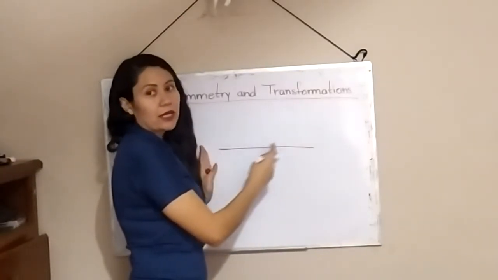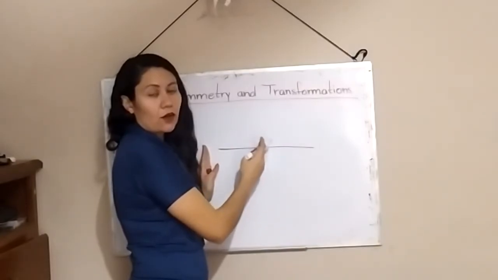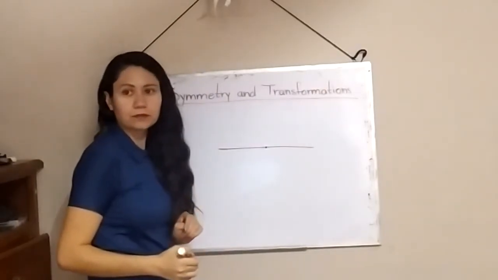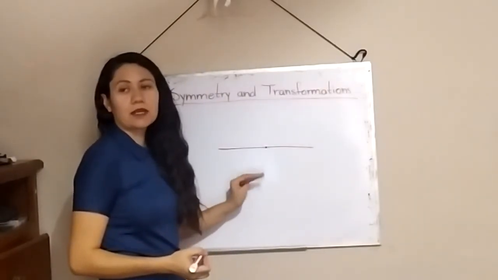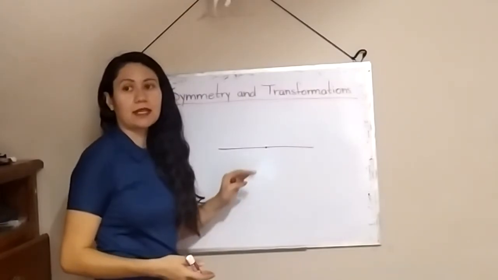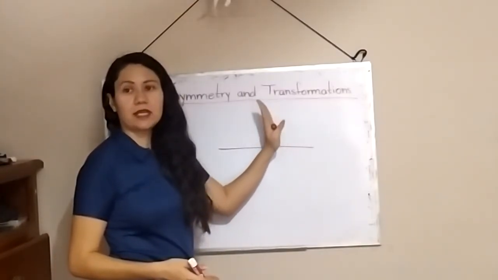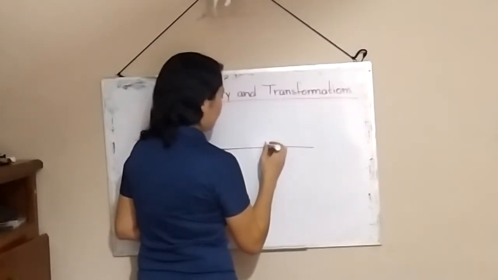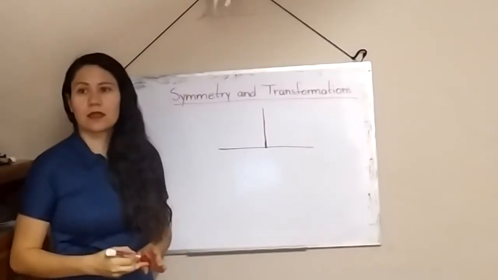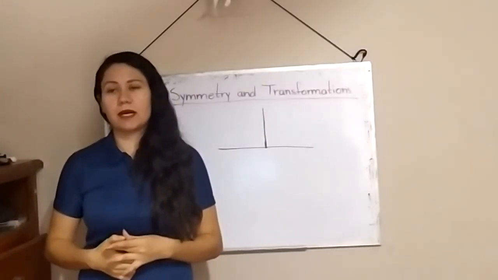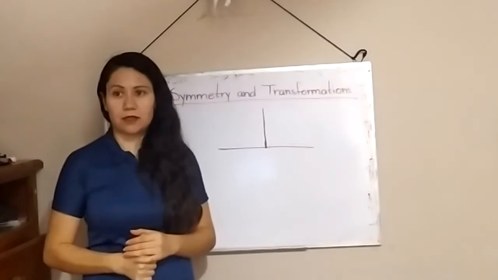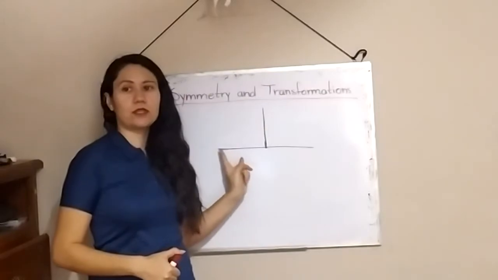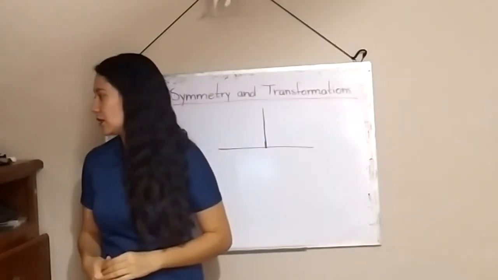We have to measure exactly the middle of this segment, which would be here, and then we have to make a line that is perpendicular, meaning that it forms a 90-degree angle with this segment. That would be a perpendicular bisector for this segment.